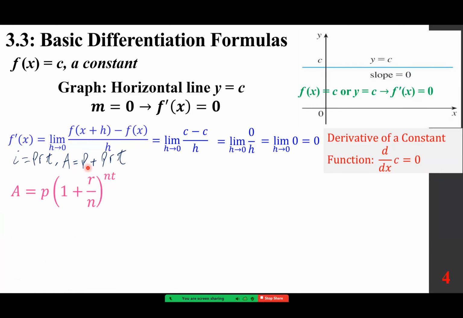The amount A would be P plus PRT, where P is the principal, r is the rate, t is time in years. And the same thing here. The only difference is n is the compound interest. A equals P times 1 plus r over n to the power of nt. n is the number of times compounding takes place per year. So when it's just once, it becomes the same formula as here. But for example, if it's semi-annually, n is 2. If it's monthly, it's 12, and so on and so forth.